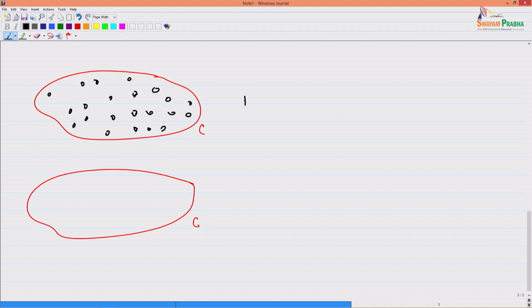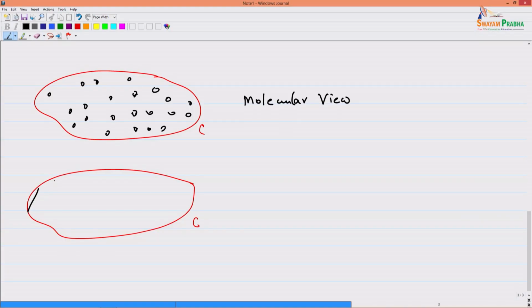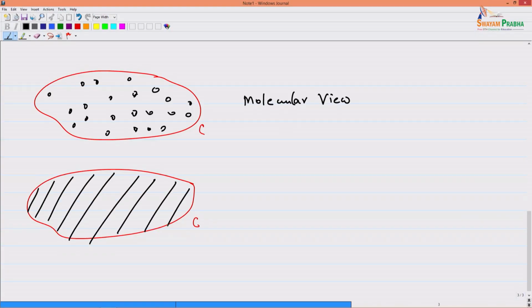Okay. So, this is nothing but the molecular view, right. What is the continuum view? The continuum view is that you can chop this up into smaller parts, into smaller volumes, right.